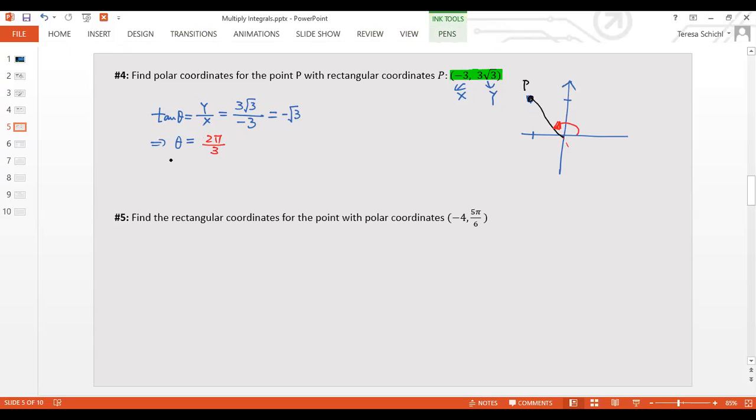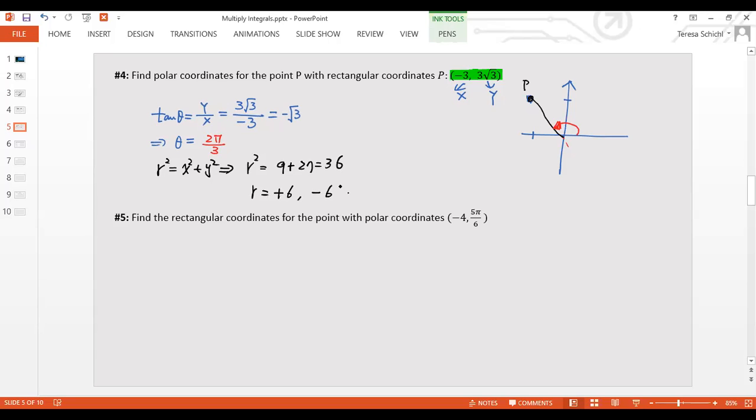Now I need to switch to r. r squared is equal to x squared plus y squared, so r squared is equal to 9 plus 27, equal to 36. So r is equal to positive 6 or negative 6.